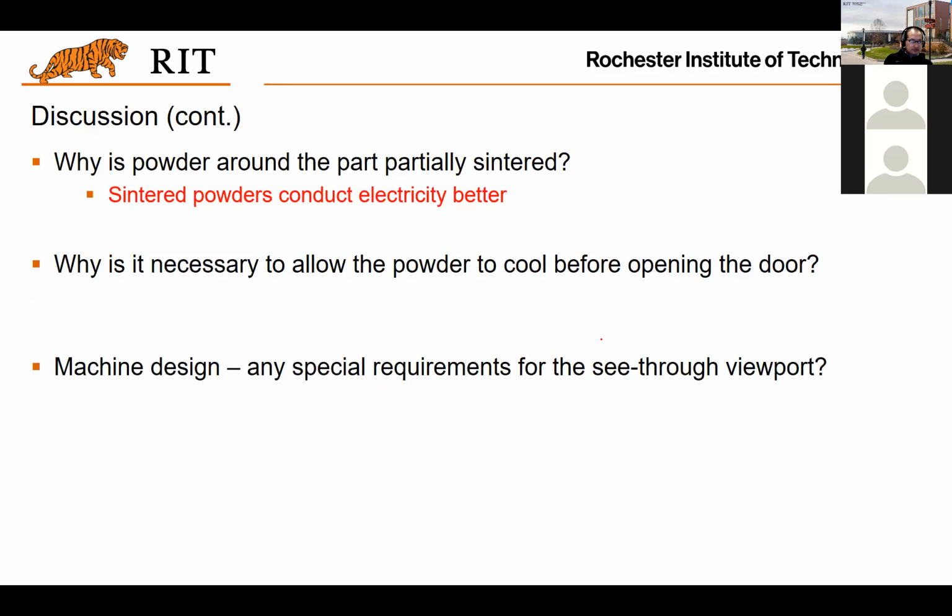And another point you want to pay attention to is that the powder around the part is partially sintered. The reason is to improve the electrical conductivity of the powder, because the sintered powder has better electrical conductivity.